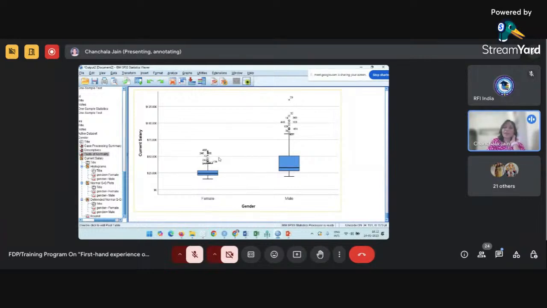These will impact your data. So you can take a call, drop them, and then perform the normality testing again to ascertain whether your salary variable is normally distributed for both female and male groups, right? This is the one thing which I have told you.